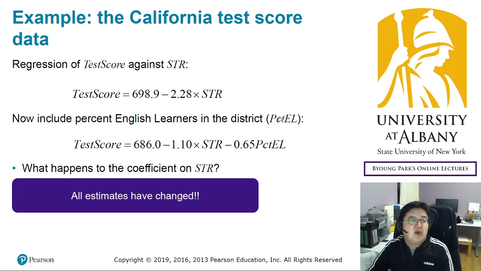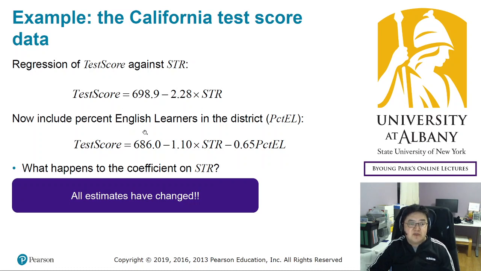And then if you estimate the model and apply the model to our example, test score and student to teacher ratio, when you had only one regressor, you got these two estimates, intercept and slope for the student to teacher ratio, minus 2.28.